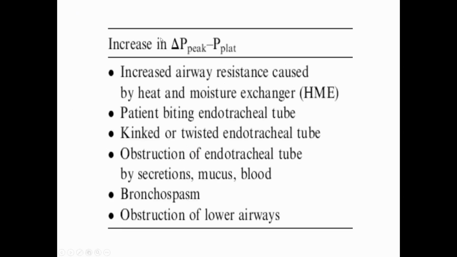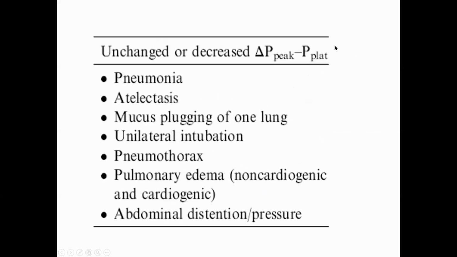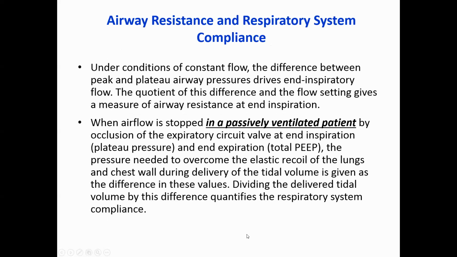So conditions that will increase the difference between peak and plateau pressure are those that increase resistance. Think of these categories: kinking of the tube, a plug in it, etc. Conditions where it is unchanged or decreases, you end up with a little bit of these phenomena.